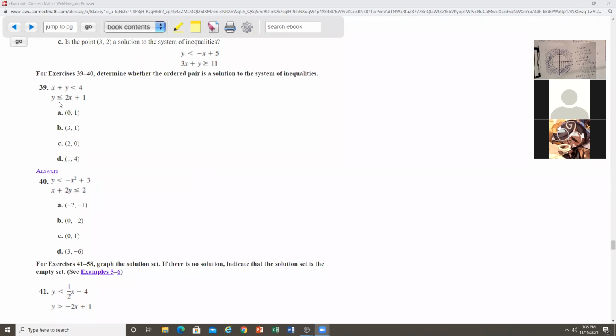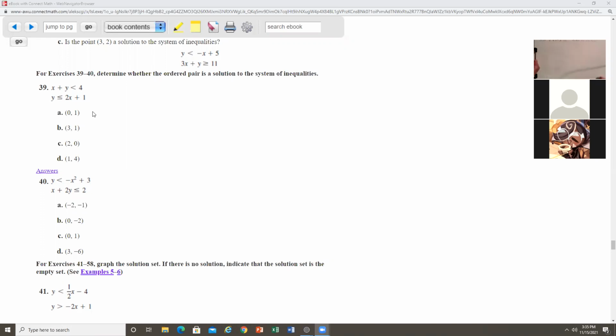Any solution to this system has to be an ordered pair that satisfies both inequalities simultaneously. If an ordered pair fails to satisfy any one of these inequalities, it will not be a solution to the system.